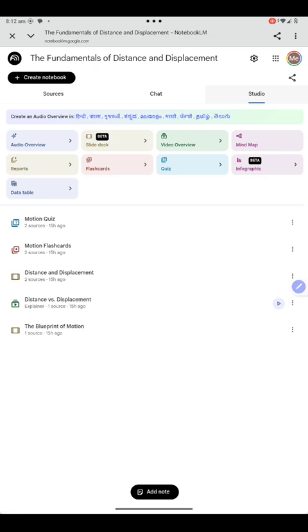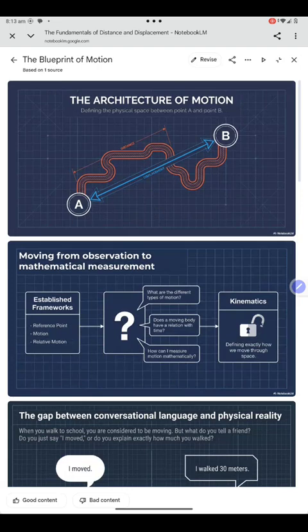So you would say that I moved from home to school, or would you like to have some quantification? You can say that I walked around 20 meters or 30 meters to reach the school. So what is this 20 meters or 30 meters? This is actually the distance covered by you from home to the school.